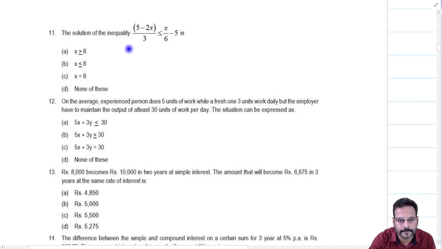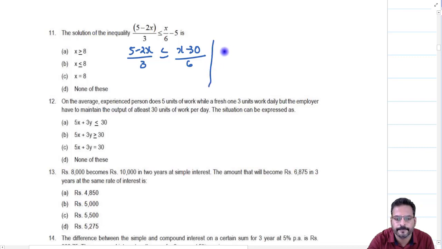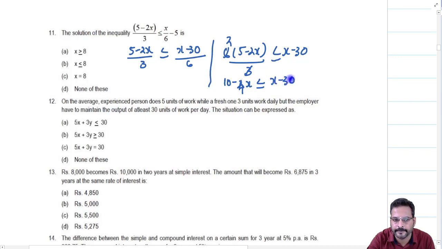Then the next question. 5x minus 2x divided by 3 less than or equal to, we can take LCM, x minus 30 divided by 6. So cross multiplying, we will get 6 into 5 minus 2x divided by 3 less than or equal to x minus 30. 10 minus 4x less than or equal to x minus 30.